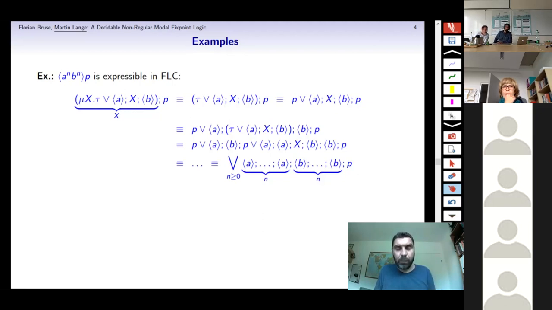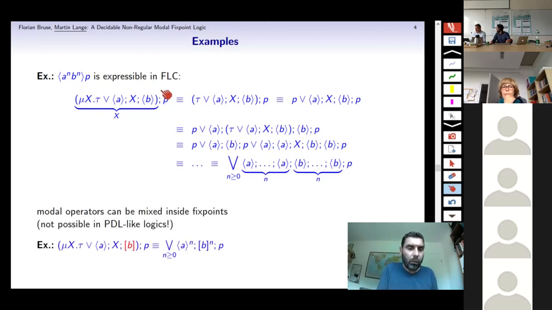One of the crucial observations here is that in this logic FLC, there's no syntactic restriction on when to use a diamond and when to use a box operator. So I could take this formula and replace this diamond B with a box B, and that of course is still an FLC formula, and the same considerations about how to unfold it hold.